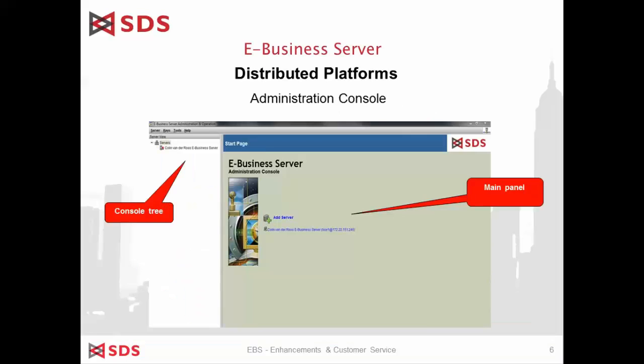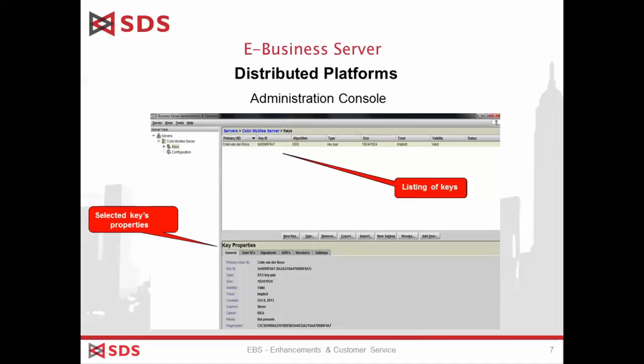So this is the eBusiness Administration Console. To invoke the admin utility, you would go to the Windows Start menu, select the Programs button, then the SDS eBusiness Server, and then the admin client. Here you can see there's a console tree on the left with the main panel on the right-hand side.